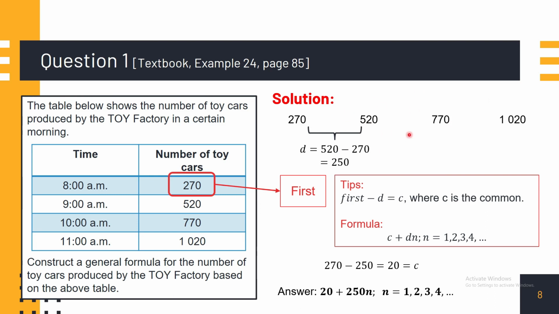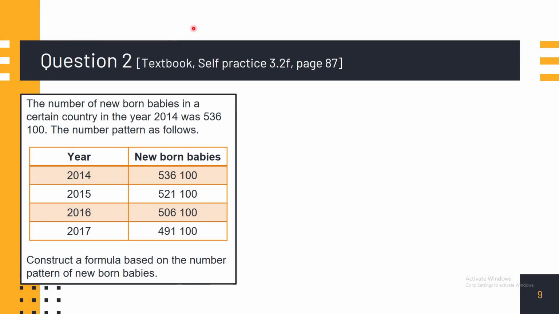Next, question 2. This also you can get in the textbook, which is self-practice 3.2F, page 87. The number of newborn babies in a certain country in the year 2014 was 536,100. The number pattern is as follows. This is the table from year 2014 until 2017.